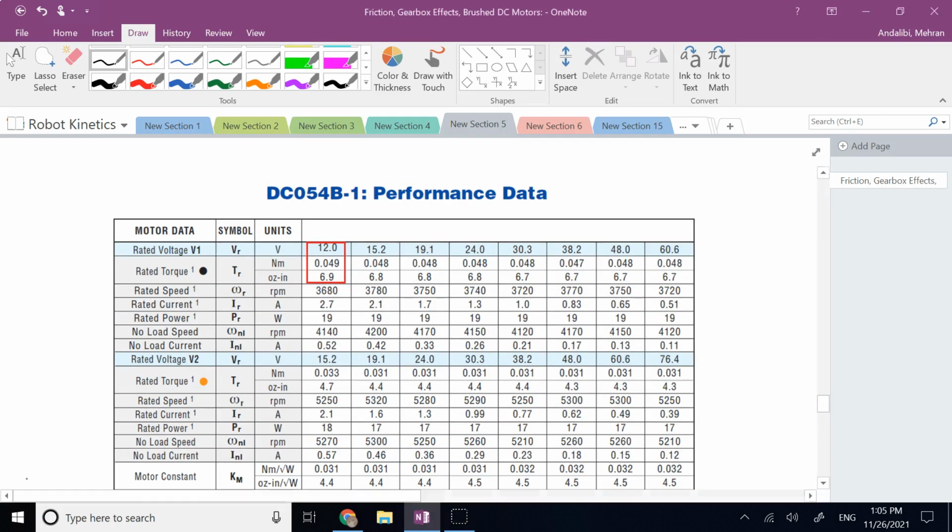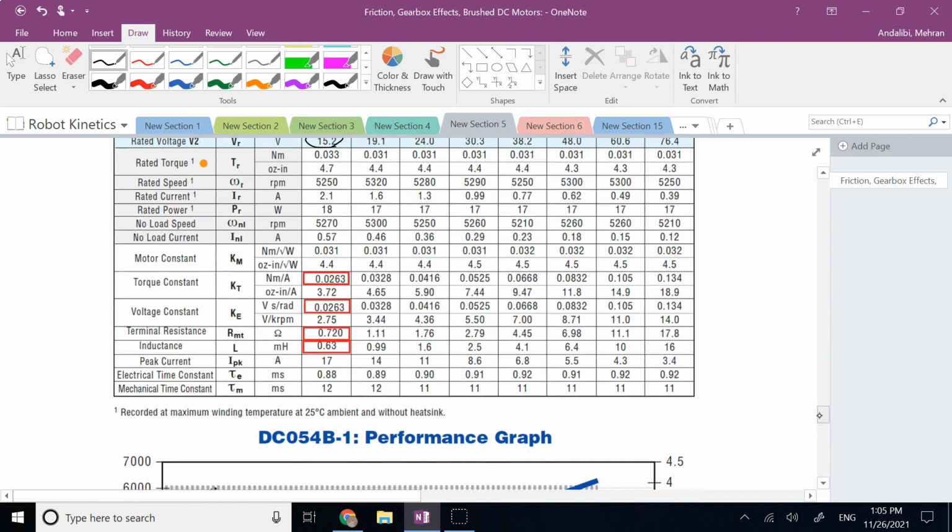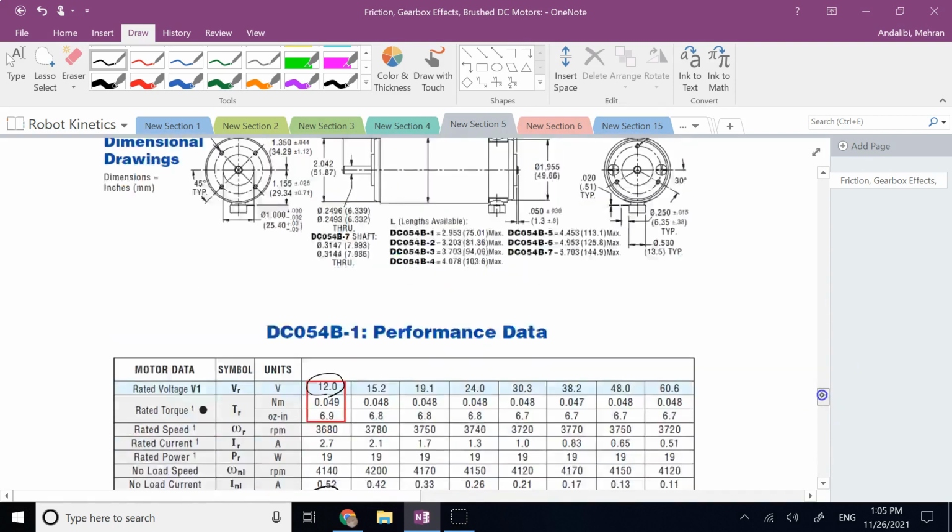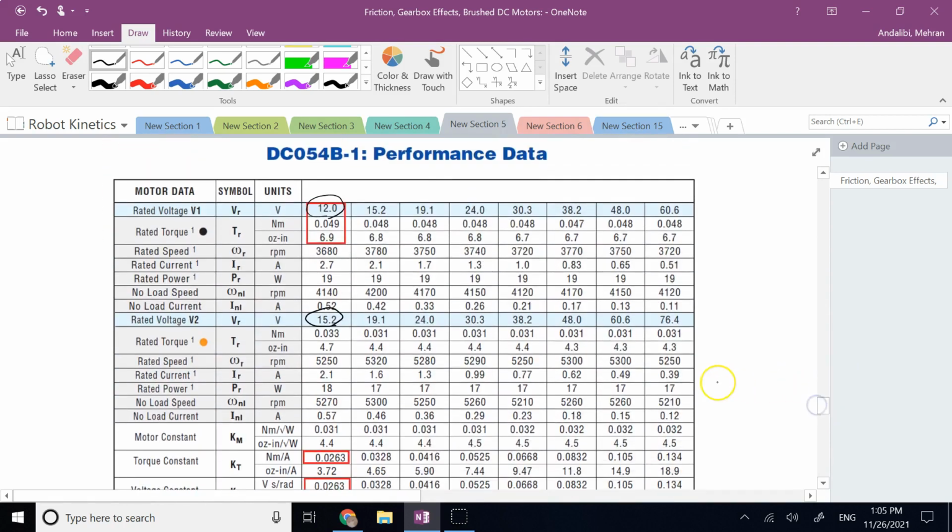One option is 12 volts, and that's called rated voltage 1. The other that it suggests is 15.2, correct? And there are only two rated voltages that the manufacturer suggests. And then you see for 12 volts, the maximum speed is 3680 RPM, and for the 15 volts is 5250.